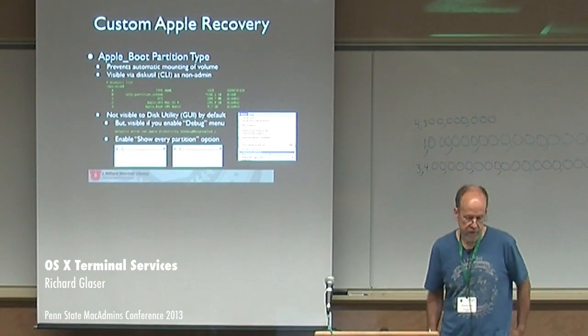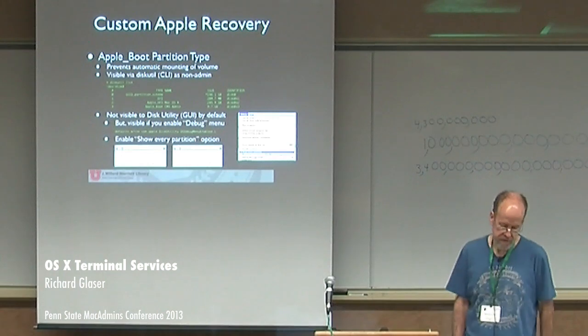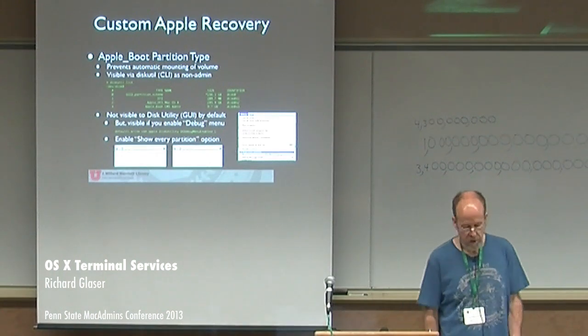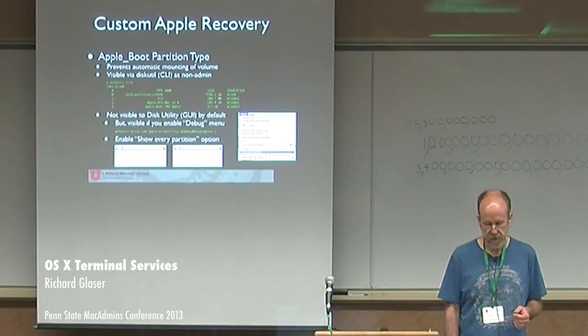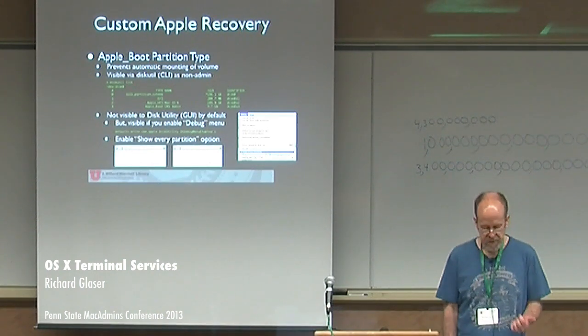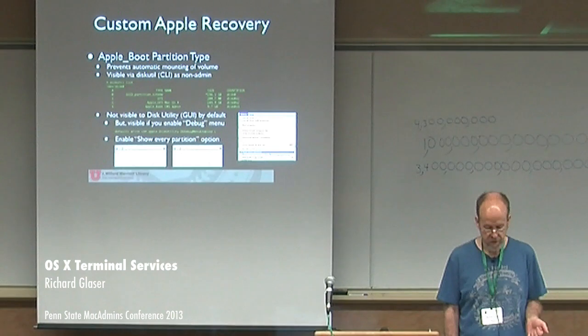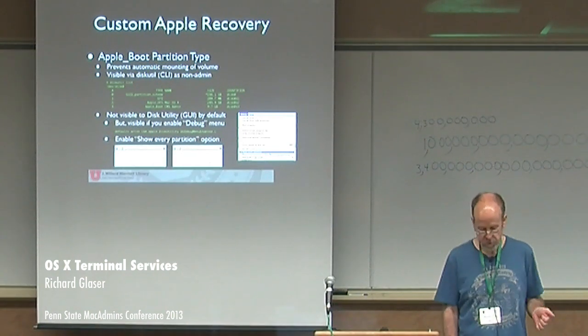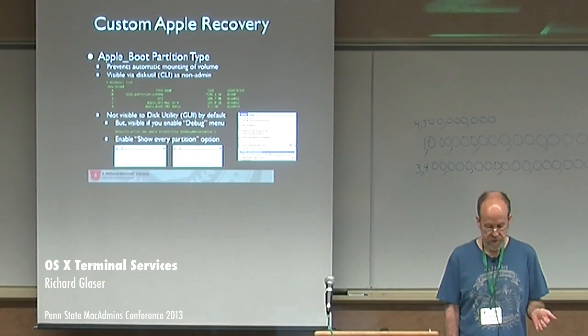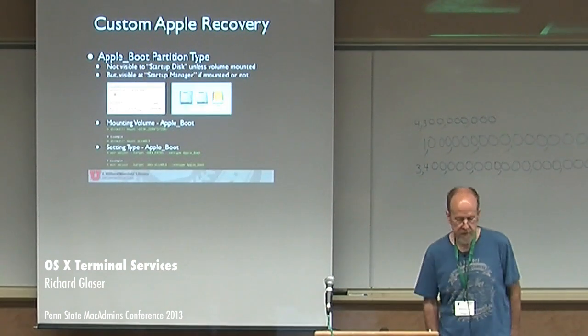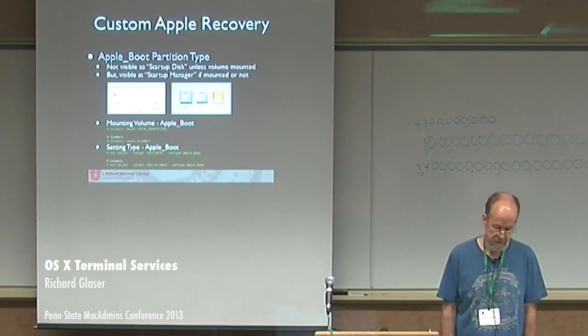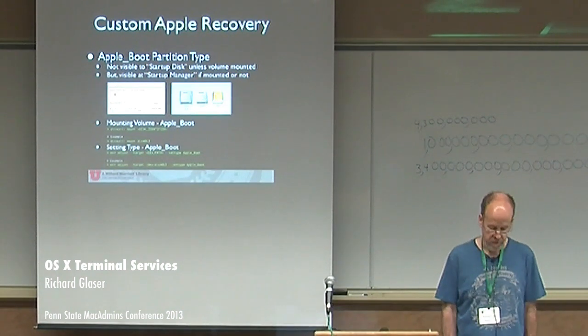Another thing we took from the Apple recovery disk is the Apple boot partition type. Basically, this prevents automatic mounting of the volume and gives some visibility features to the end users. In Disk Utility, you can see it as a non-admin. In the GUI version of Disk Utility, you can see it, but you have to enable debug. On the startup disk, it's not visible unless the volume is mounted, and in Startup Manager, it's visible.